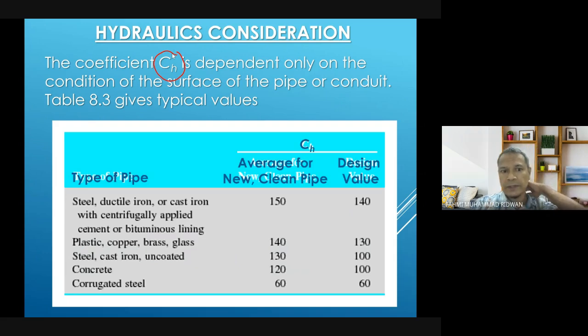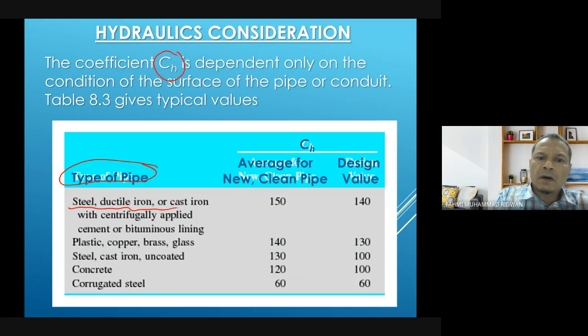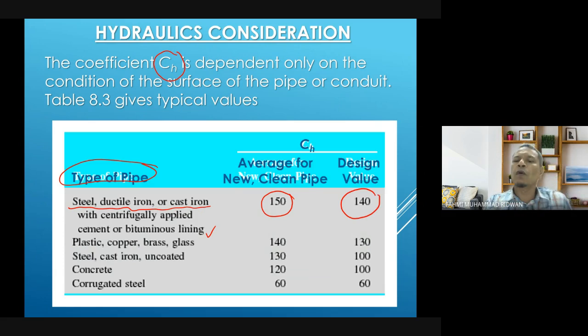So for instance here, we have the type of material. Let's say we take steel or ductile iron or cast iron with centrifugally applied cement or bituminous lining. The average value for new clean pipe is 150, but for the design value, usually we take the lower value.